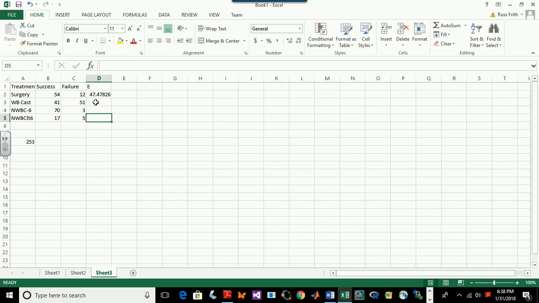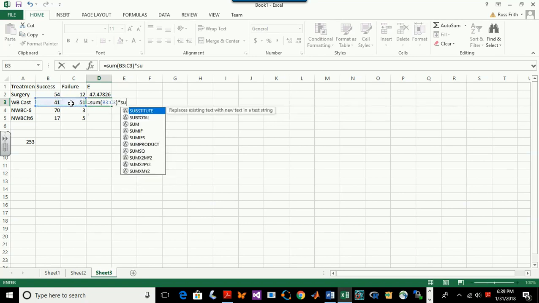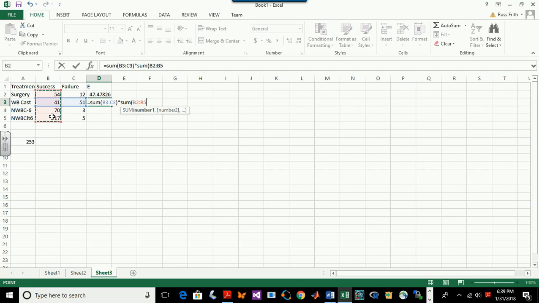So the expected value for the second treatment mode equals the sum of the row times the sum of the column, divided by the total, which is 253.